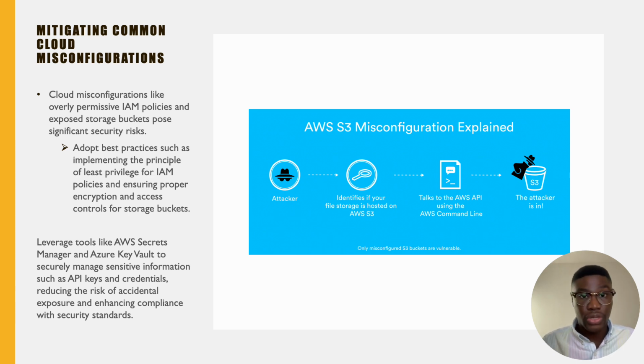One of the tools you can use to help with this misconfiguration is the AWS Secrets Manager and Azure Key Vault. This way they save those API keys. If an attacker gets hold of an API key, he can manipulate a lot of things in the cloud. So you can use the AWS Secrets Manager to store sensitive information such as API keys and credentials.